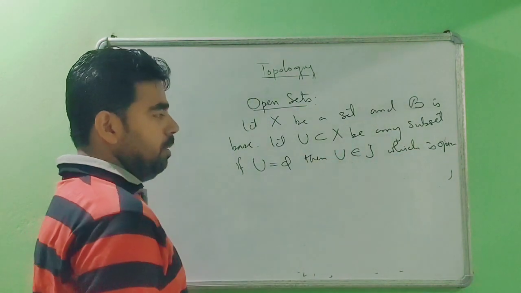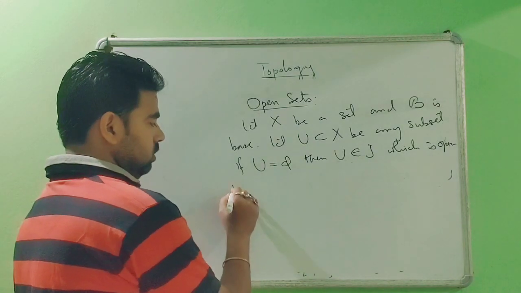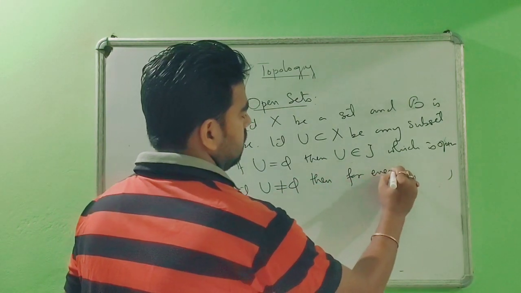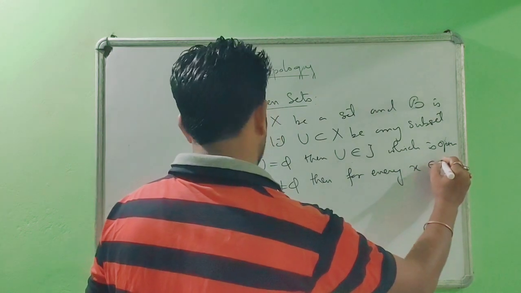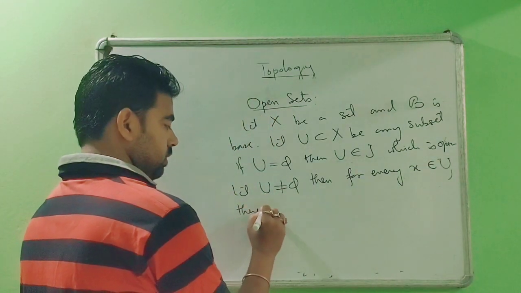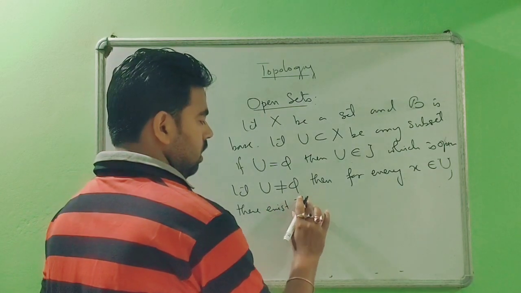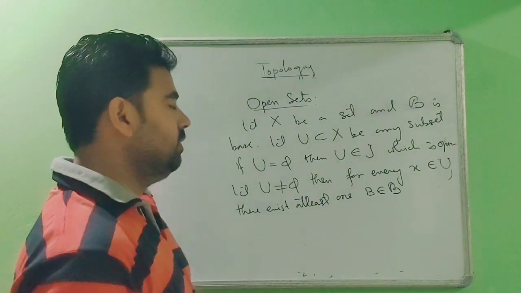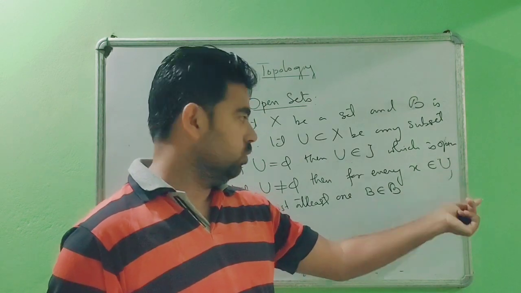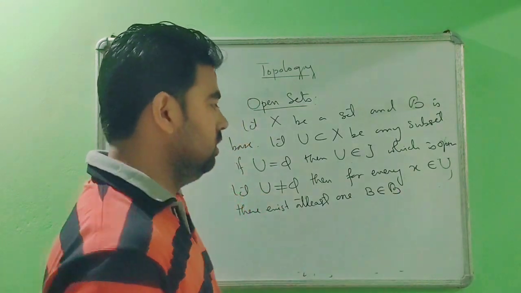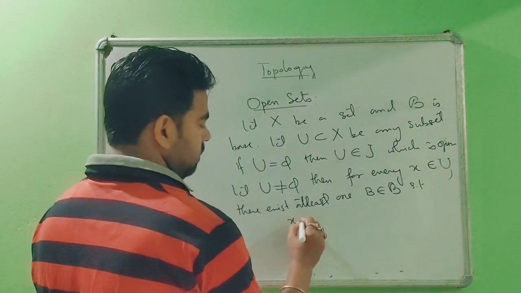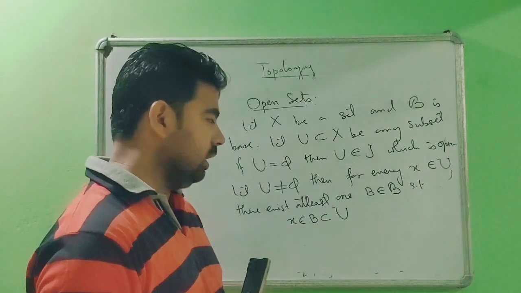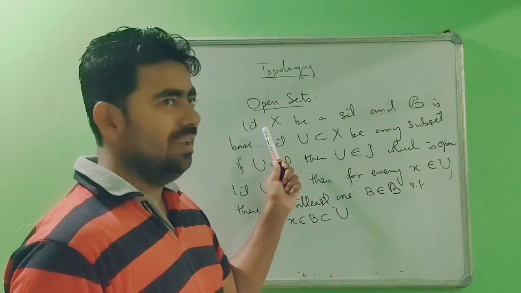Now what if U is not empty, then for every x belongs to U, there exists at least one B belongs to script B such that x belongs to B subset of U. If this is true for a particular set, then that set is open in X.